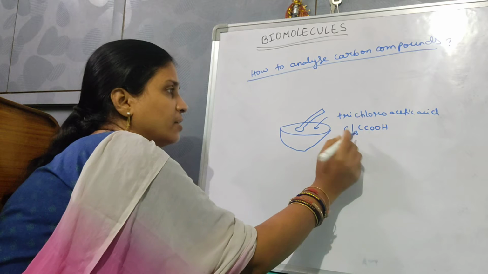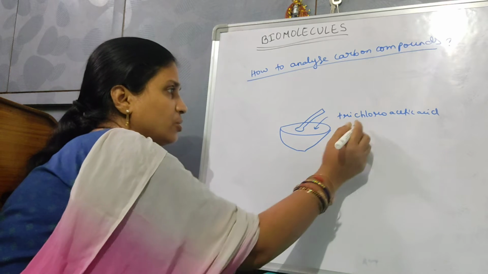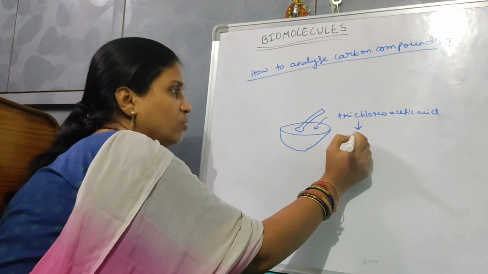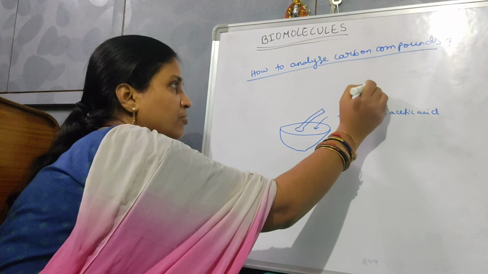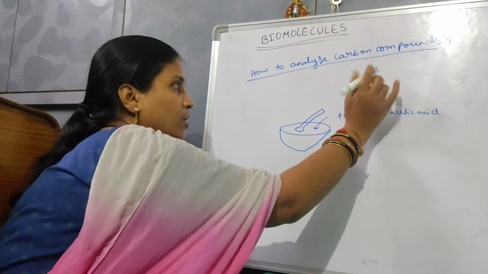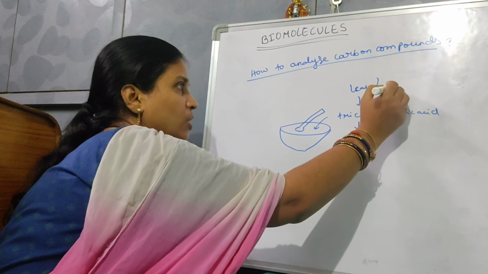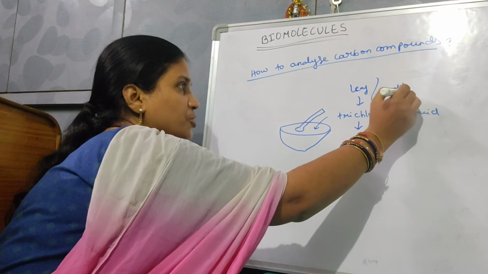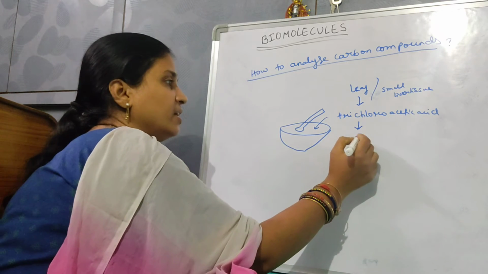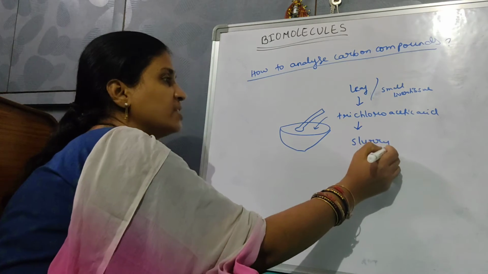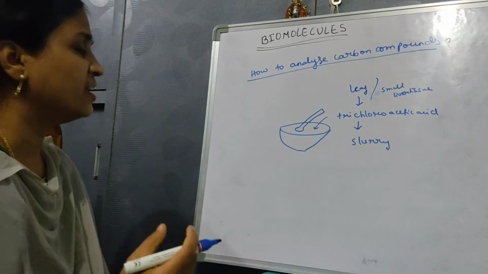You add trichloroacetic acid to that leaf or a small liver tissue, and it will form a slurry. So a slurry is obtained.